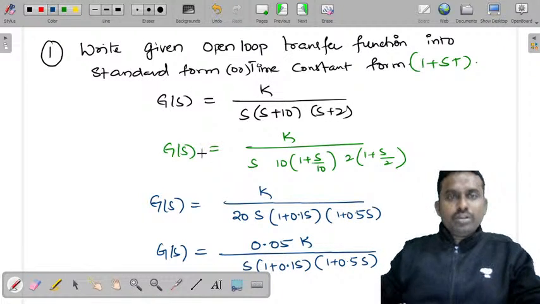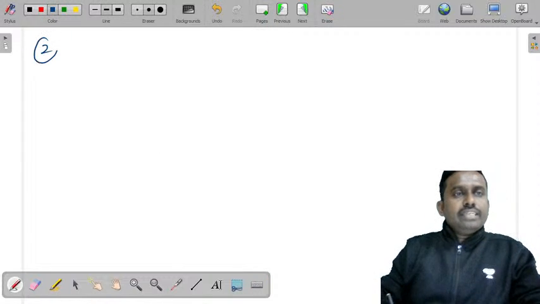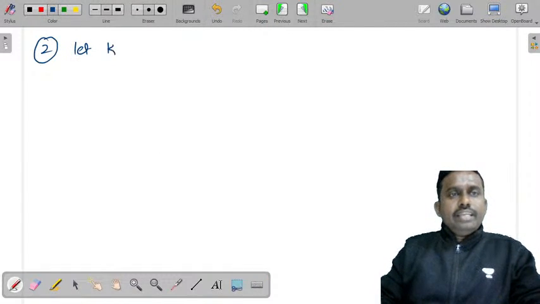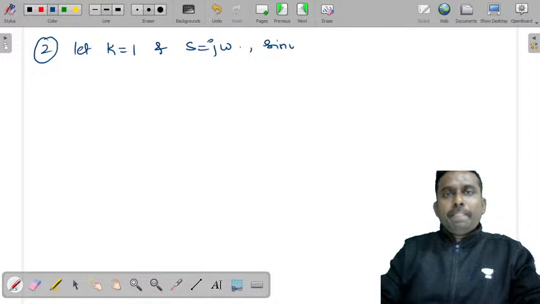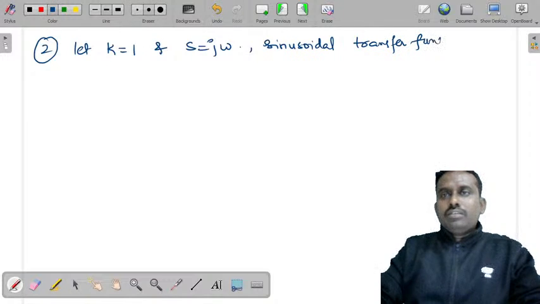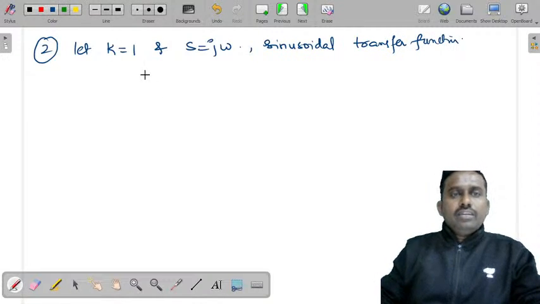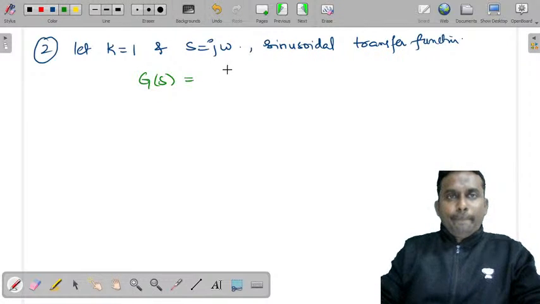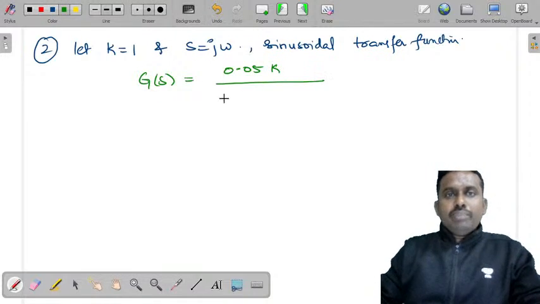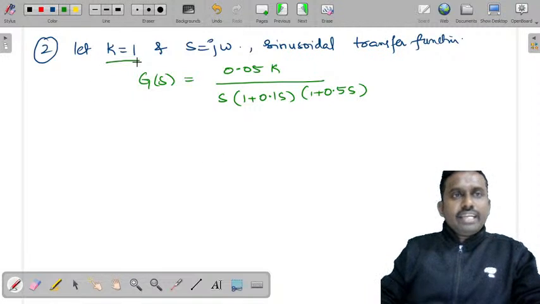Is this clear? Now the second step: let K is equal to 1 and write the sinusoidal transfer function, that is, s is equal to j omega. How do you write that? We already know G(s) is equal to 0.05K by s into (1 plus 0.1s) into (1 plus 0.5s). Now let K is equal to 1.